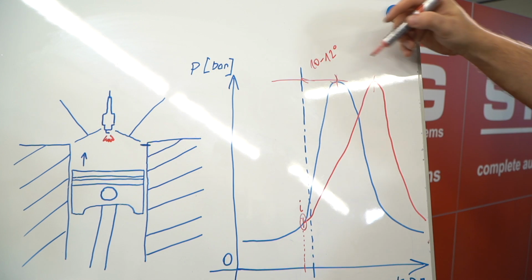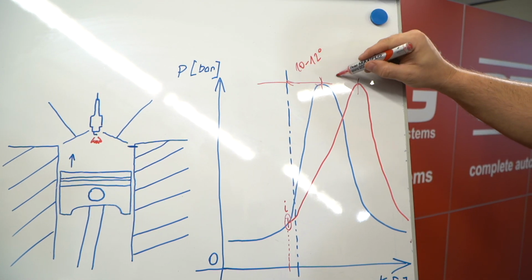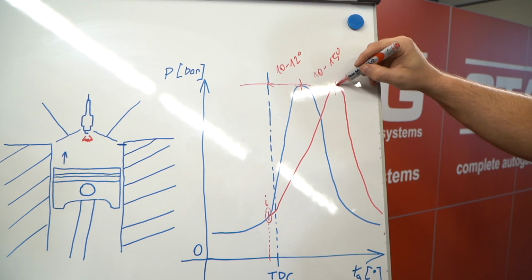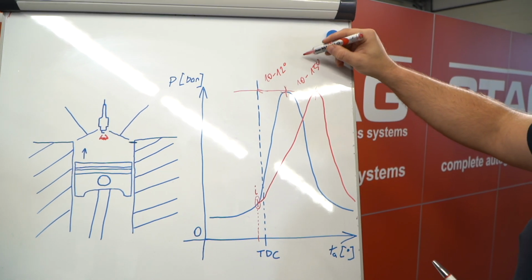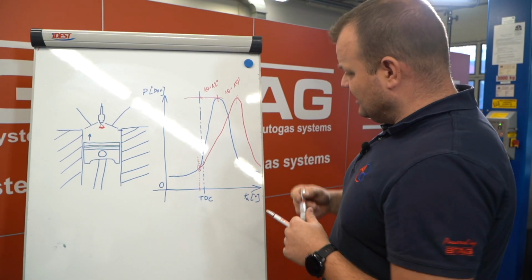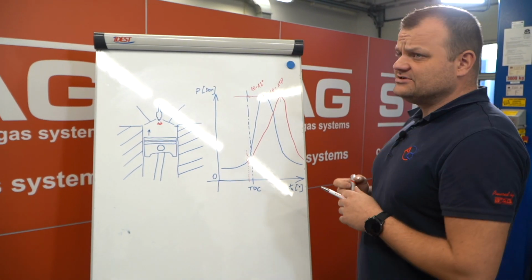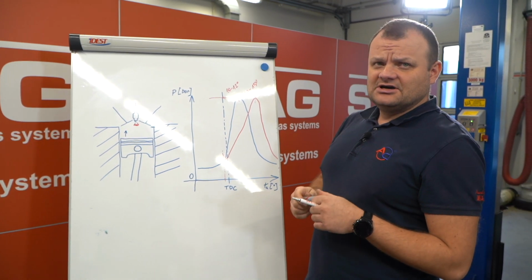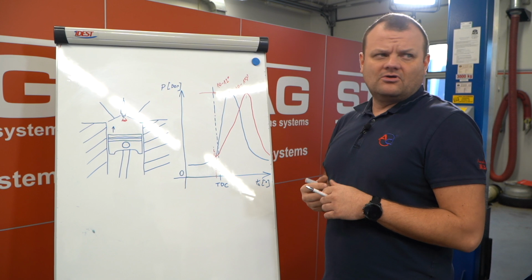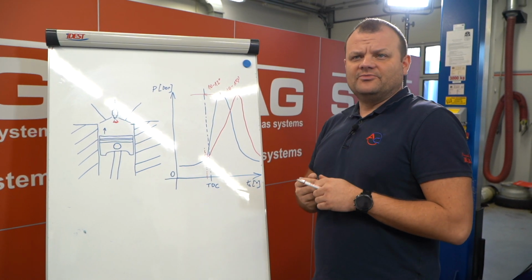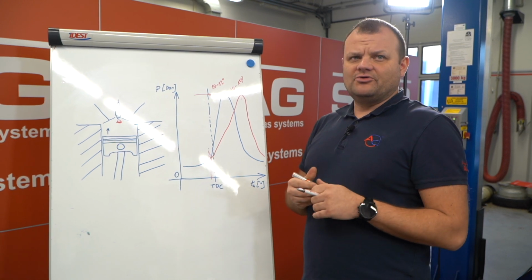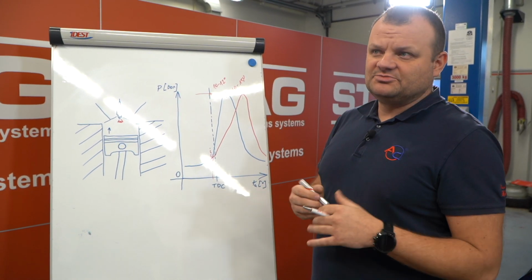That's why we have an additional 10 to 15 degrees of pressure rise, so the timing difference is around 100 to even 200 microseconds, and this difference makes the efficiency of the engine a little bit lower. The torque and power output are significantly lower, even 15 to 20%.